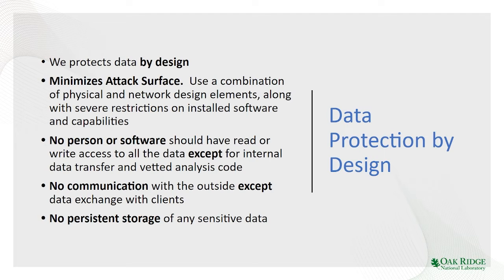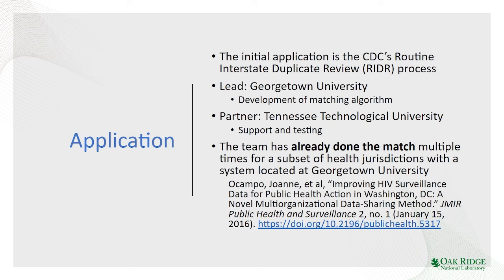Now, why are we doing all this? Well, this is all done to support a process called the routine interstate duplicate review. People who are living with HIV or AIDS can be put on a regimen of drugs. If that happens, then their viral load will decrease to the point where they can't transmit the virus anymore.